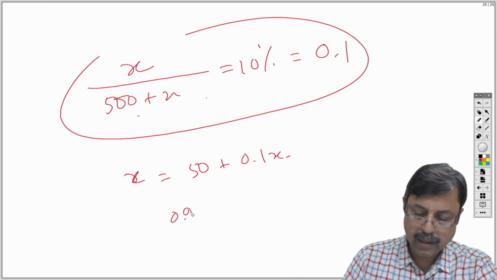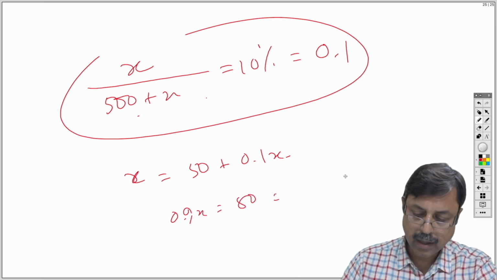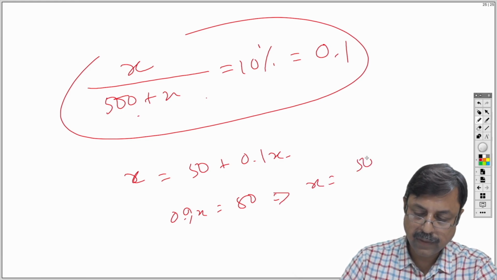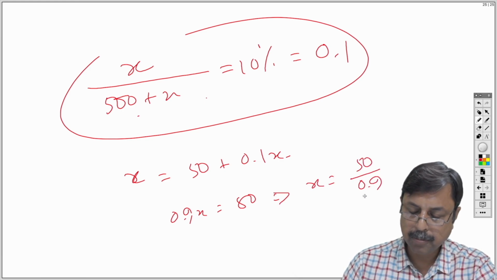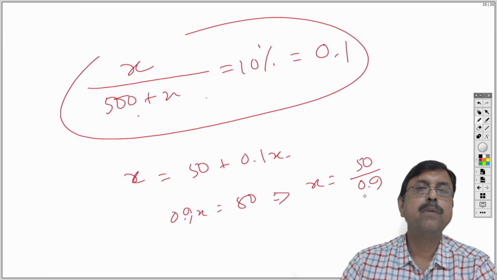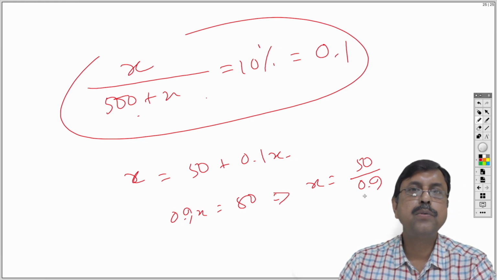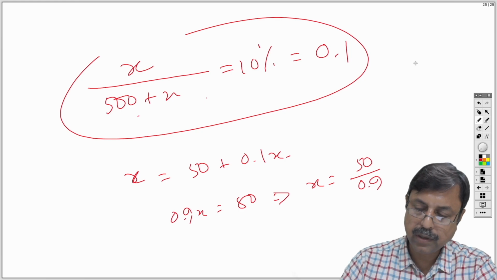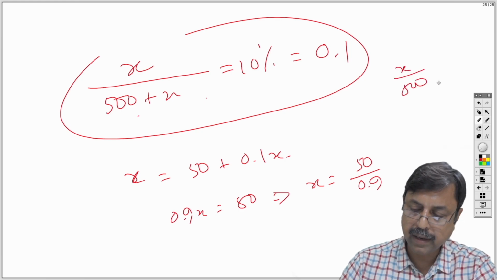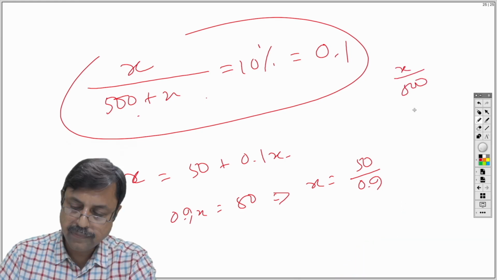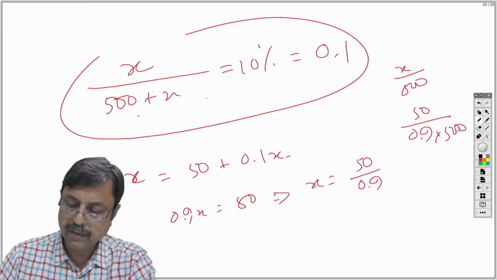That means 0.9 of X is equal to 50, so X is equal to 50 by 0.9. Then what is the liquid to solid mass ratio? It will be X by 500, that means 50 by (0.9 into 500).